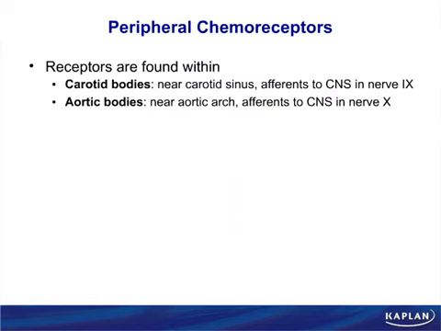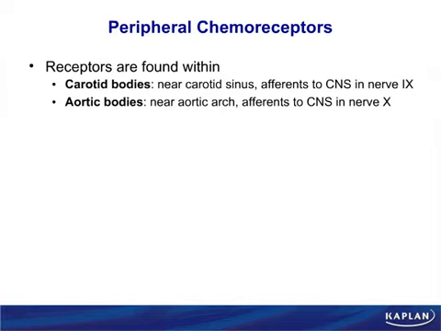As I alluded to on the previous slide, we also have chemoreceptors monitoring the blood. We call these peripheral chemoreceptors, sometimes called arterial chemoreceptors. They are found in carotid bodies and aortic bodies. They are near our baroreceptors found in the carotid sinus and the aortic arch. Carotid bodies, aortic bodies, baroreceptors, they're just like next door neighbors.